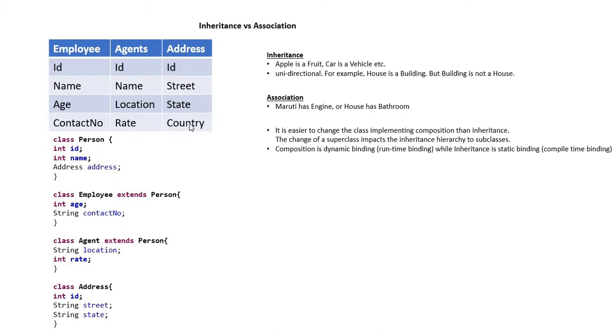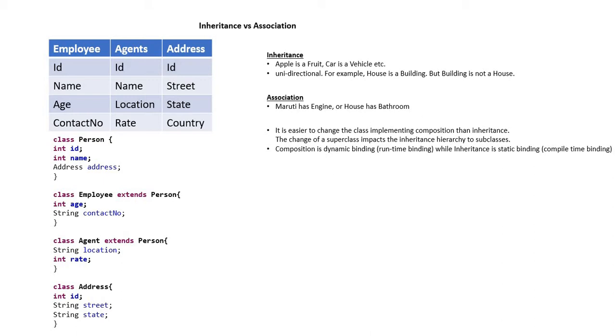Okay, so how do we need to decide these POJOs? I need to create a class for these three objects. Okay, so which one do I need to use, right? If you see, both employees and agents, I can say they are a person, right?